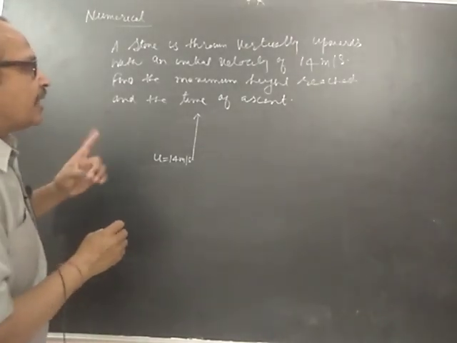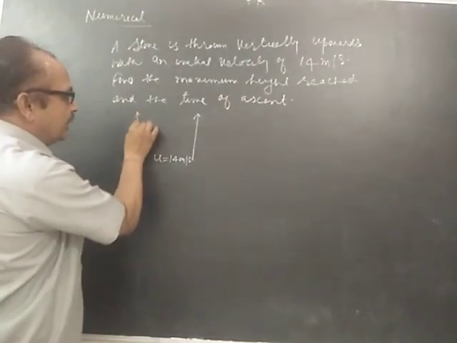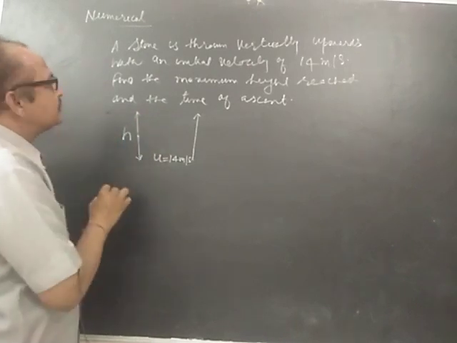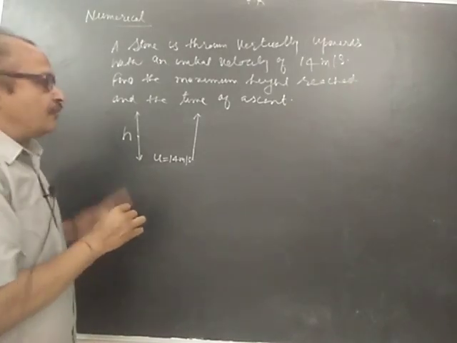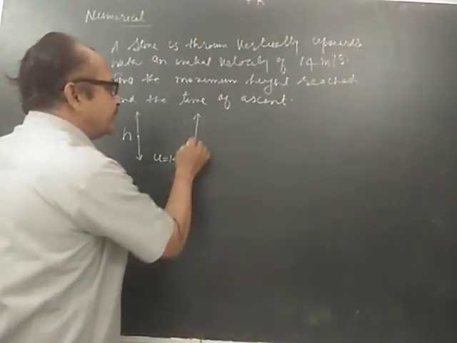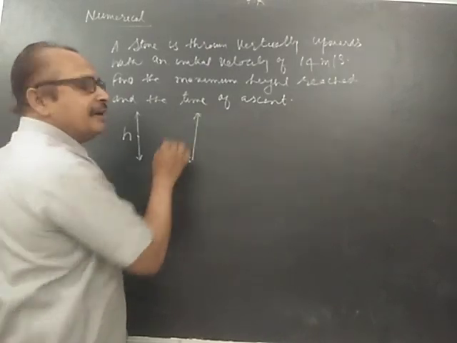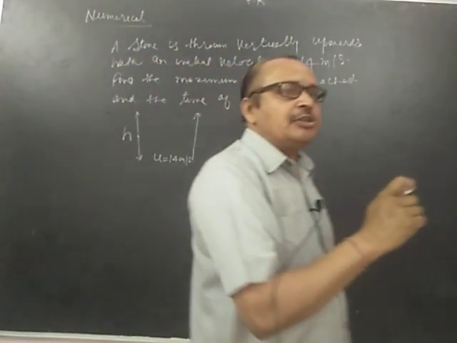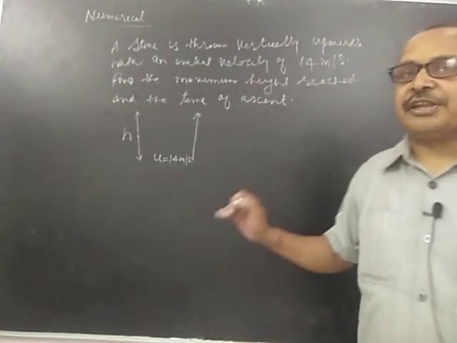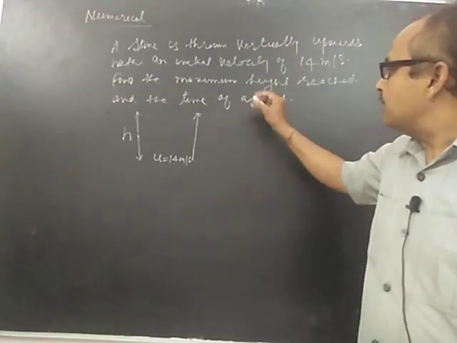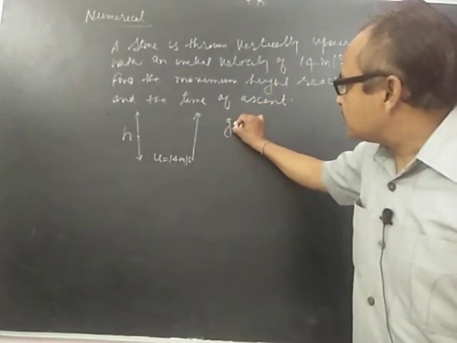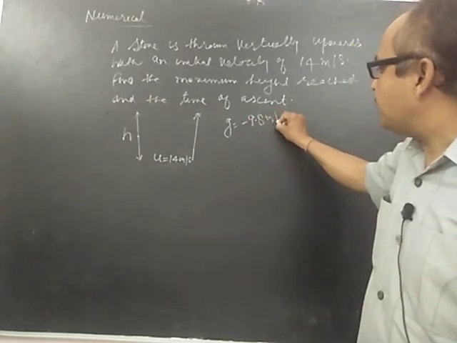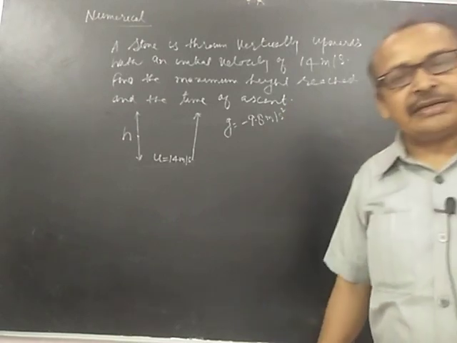Find the maximum height. Naturally, when it is going upward, its height will be h, and the time of ascent is how much time it will take to reach the maximum height. You all know that whenever a body is moving upward under gravity, we have to take the acceleration due to gravity as minus 9.8 meters per second square.